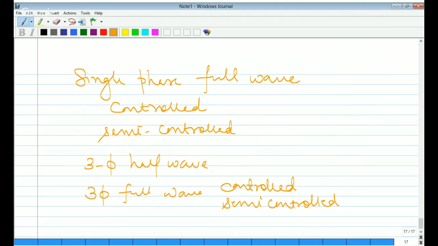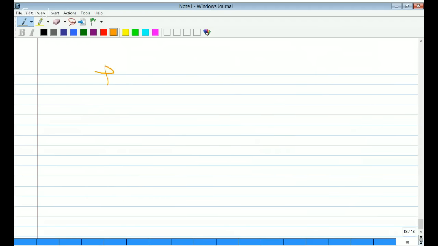Starting to full load current, if we want to find out the ratio, that actually becomes 1 by 3 times the delta connection value in a star delta starter.